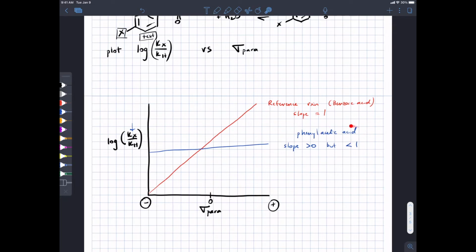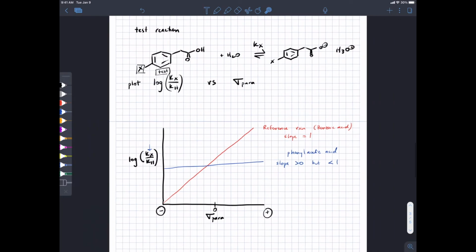Is the phenyl acetic acid deprotonation more or less sensitive to the Hammett parameter than the benzoic acid reaction? And remember, the Hammett parameter describes just how electron donating versus withdrawing a group is. So relative to the benzoic acid reaction, is the phenylacetic acid reaction more or less sensitive?